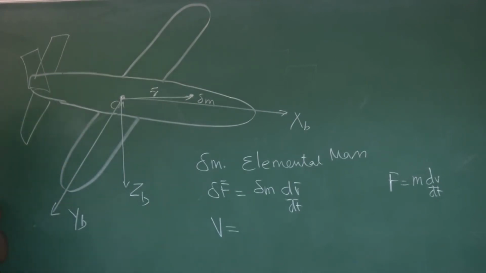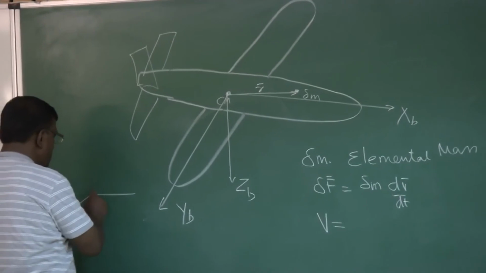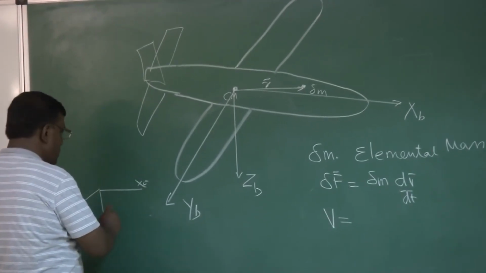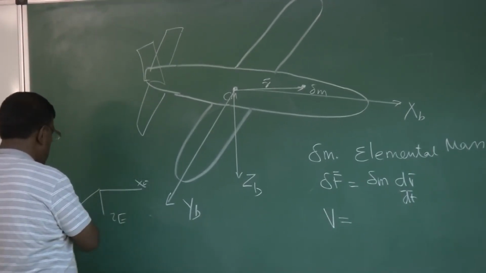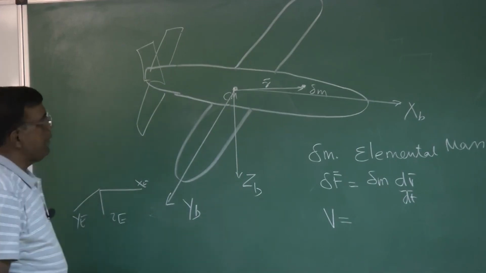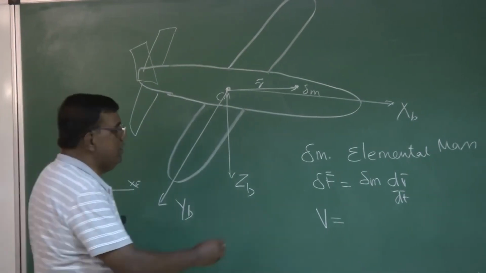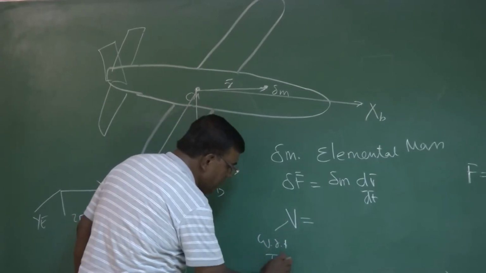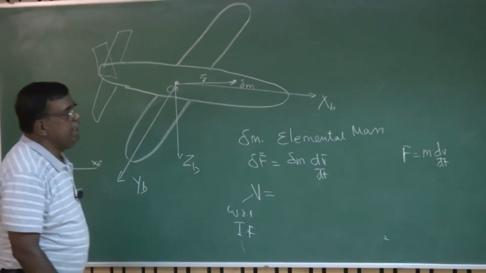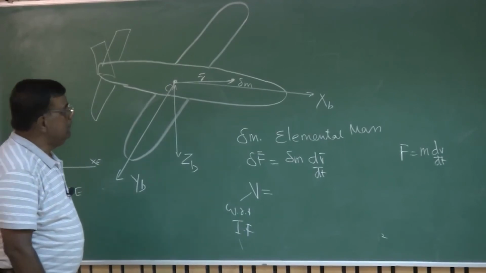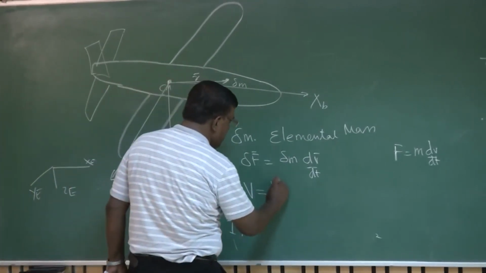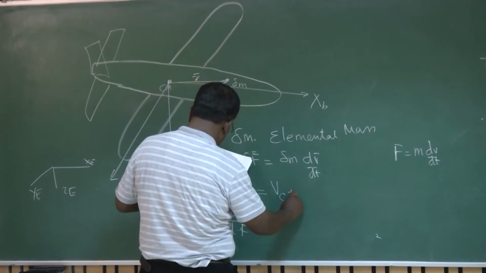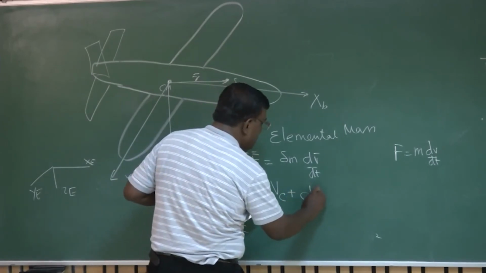So somewhere this inertial frame is here, XE, ZE, YE. This V is measured with respect to inertial frame, because writing Newton's laws of motion, this I can represent like Vc plus dr by dt.